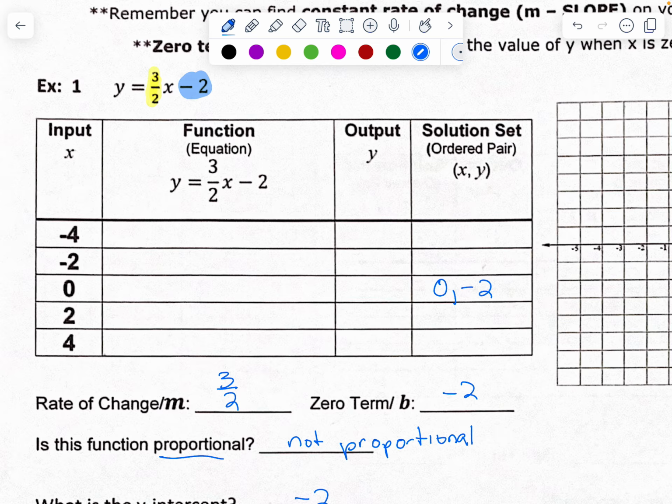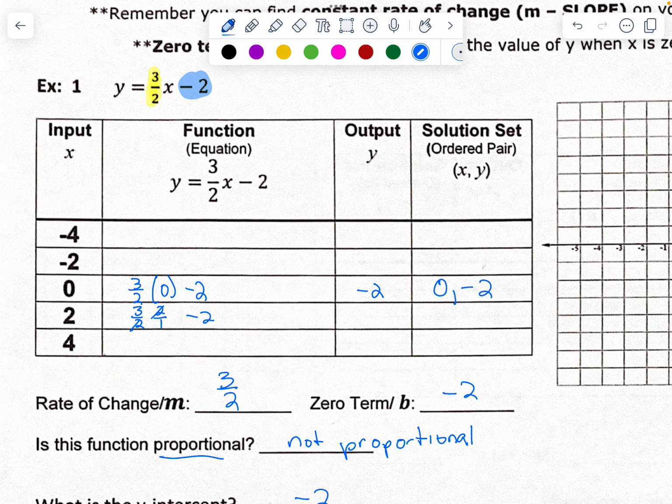So I'm going to do some math to fill in my function table. So I am going to start with the 0 term, because that's the nicest math. And I say 3/2, I replace my x with a 0, minus 2. 3/2 times 0 is 0, minus 2 is -2. Okay? Then I'm going to do 3/2 times 2 over 1 minus 2.